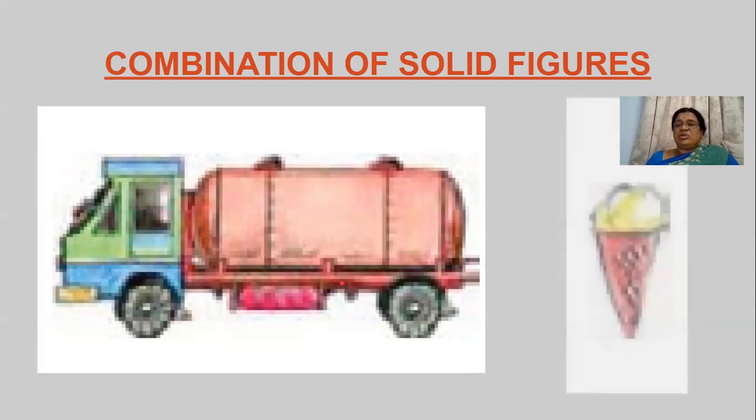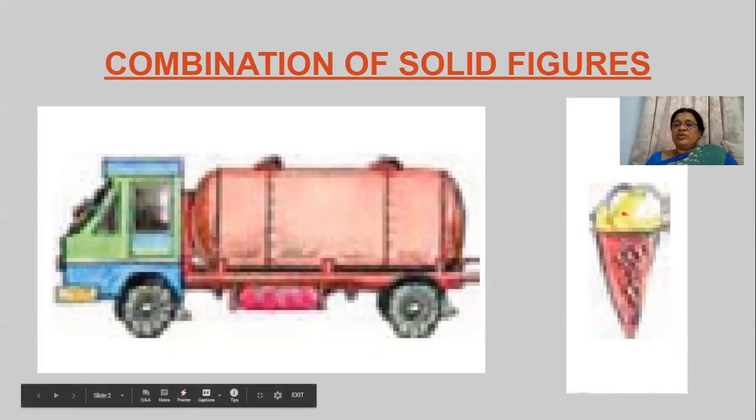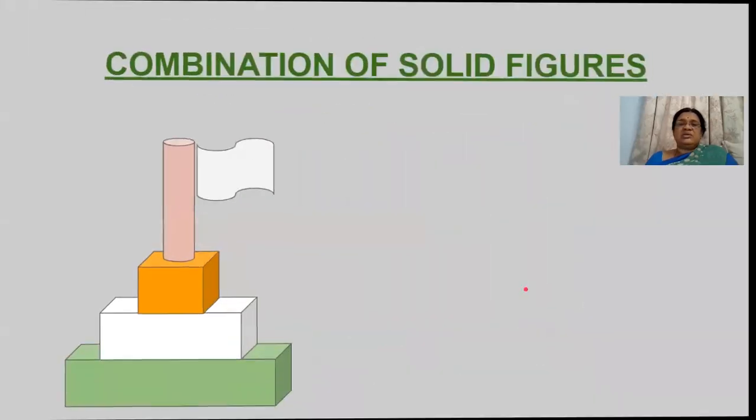This is the combination of one cylinder and two hemispheres. And this one is an ice cream cone. In this ice cream cone, you can observe one conical portion and one hemisphere portion attached together to form a new object. So these two are combinations of solid figures.